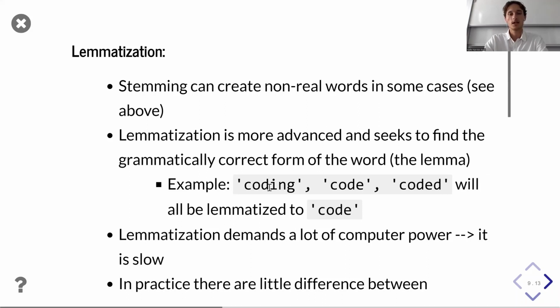So if we have this example, coding, code, coded, they will all be lemmatized to code. And this is really nice because before we had 3 different words, and now we only have 1 word with the same meaning. So it really helps us with the computation of our text data analysis.